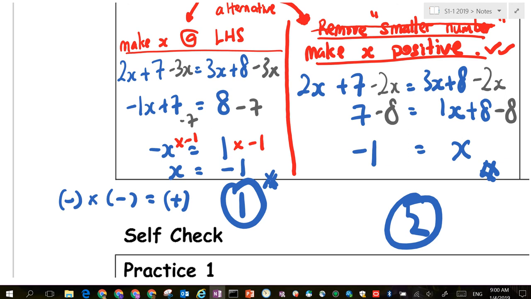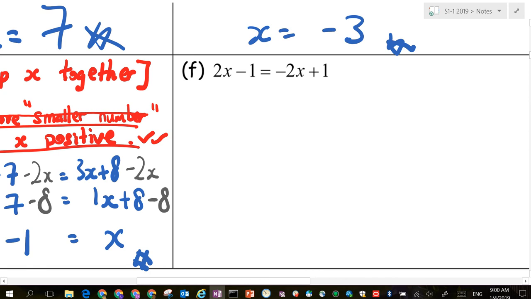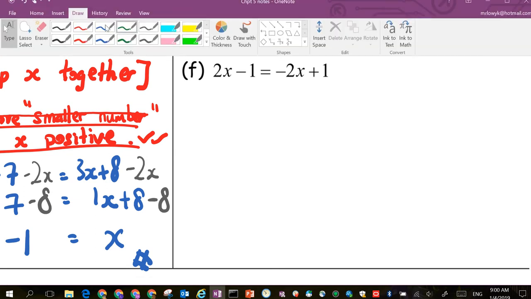Since this is the one with all the different x's, let's do it together. First, I want to box up all the numbers. So I have 2x, I have minus 1, I have minus 2x, I have plus 1. Let's invite the next student to help us.